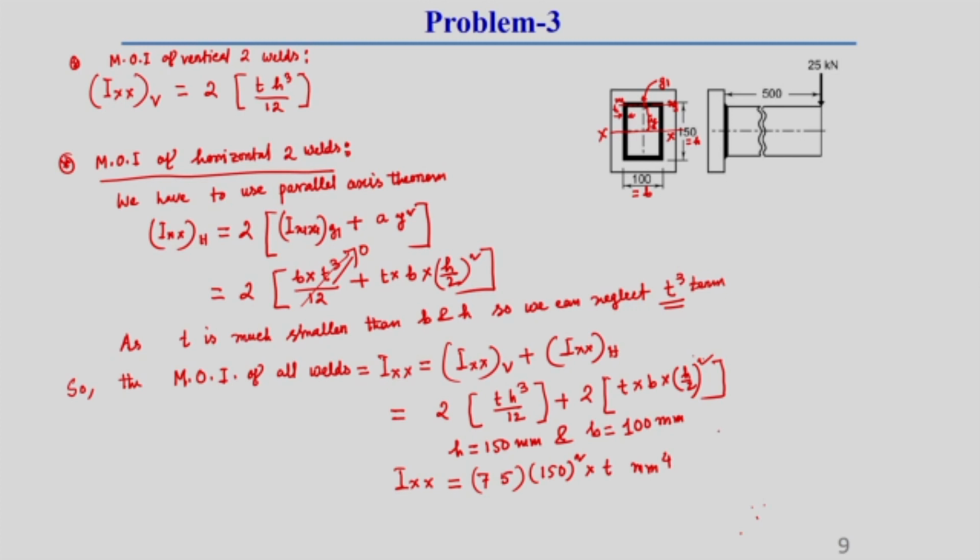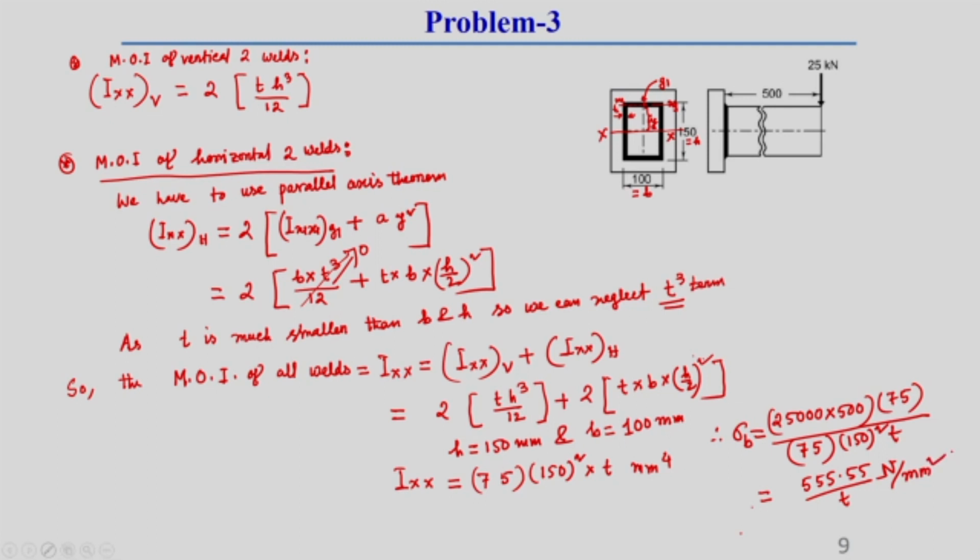So, we can easily find the bending stress sigma b, equal to 2500 Newton into eccentric distance 500 into y max, here we get as 75, and Ixx of all welds we got as 75 into 150 square into T. So, this will give us sigma b equal to 555.55 divided by T Newton per mm square.